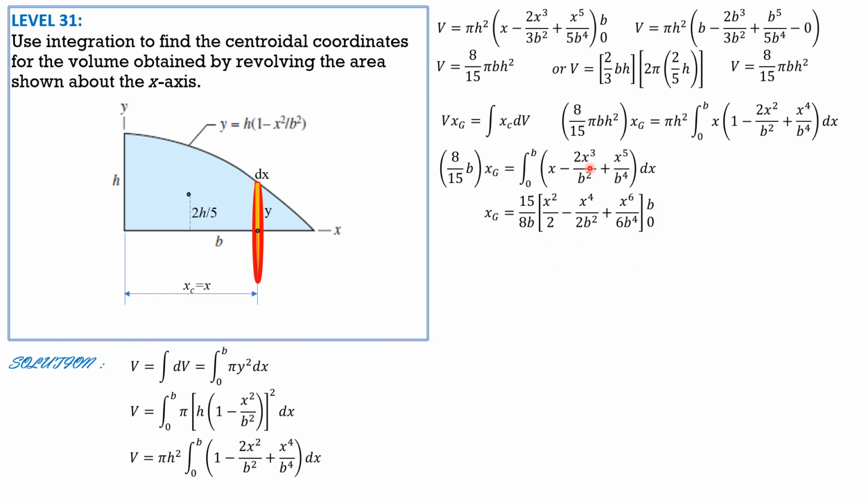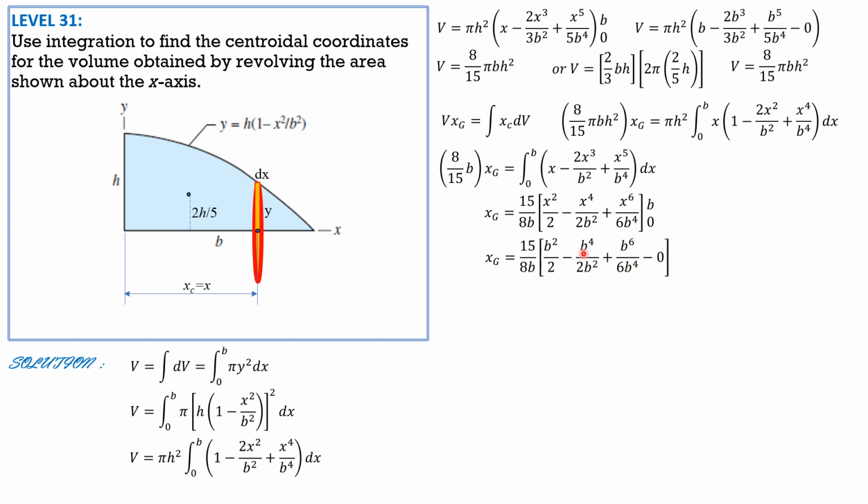So this is 2 because this is supposed to be 2x to the fourth over 4b squared. Simplifying, that's the result. So x sub g is 15 over 8b quantity b squared over 2 minus b to the fourth over 2b squared plus b to the 6 over 6b to the fourth, then minus lower limit 0.